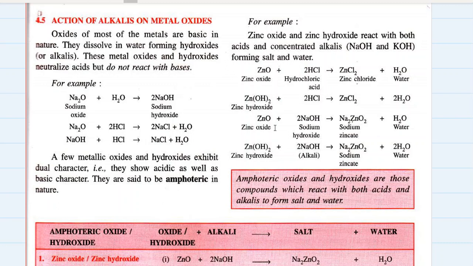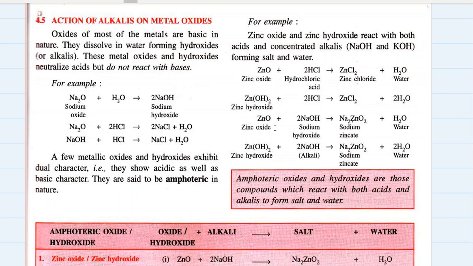Okay, these metal oxides and hydroxides neutralize acids but do not react with bases, right? So metal oxides have the general characteristic of dissolving in water and forming metallic hydroxides, and both metallic oxides and hydroxides can react with acids and neutralize them. But few metallic oxides and hydroxides exhibit a dual character.